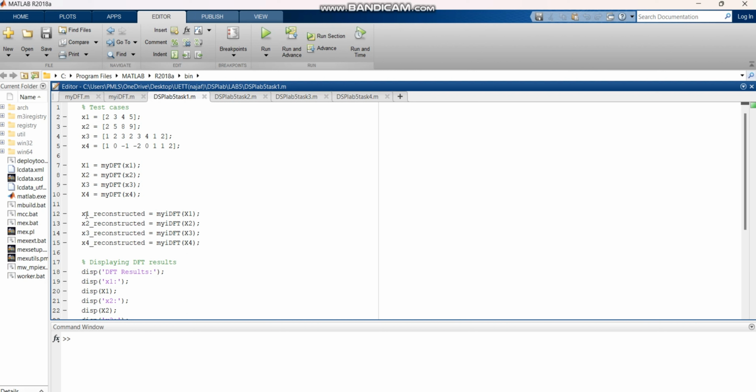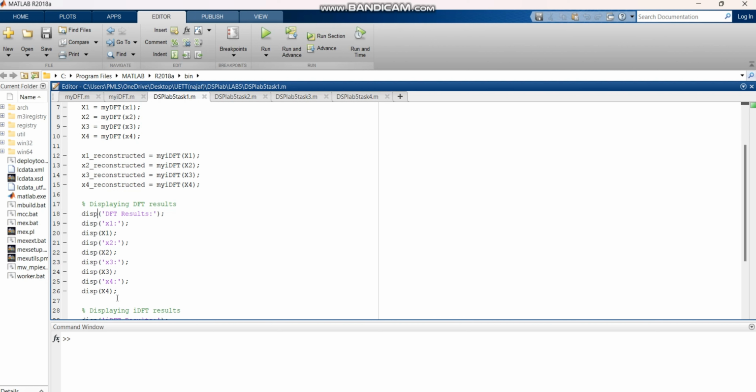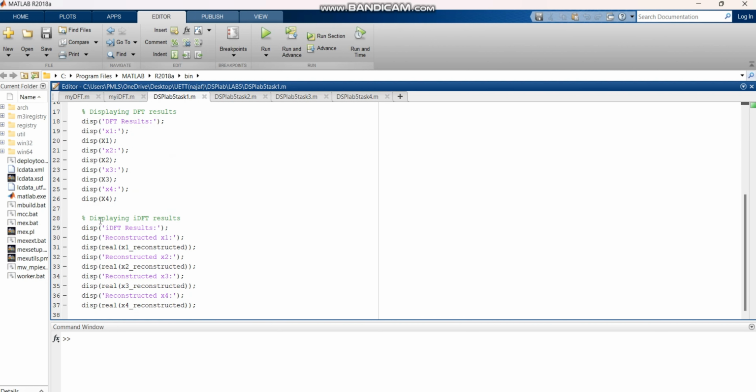For reconstruction of the original signals, we use the inverse discrete Fourier transform function on each DFT result, and it is computed using the myIDFT function, which results in x1 reconstructed, x2 reconstructed, x3 reconstructed, and x4 reconstructed. For displaying the discrete Fourier transform results, we use the function display. Likewise, we did for the inverse function.